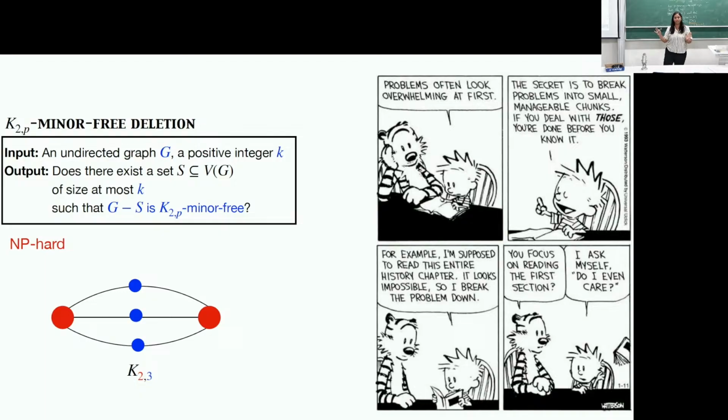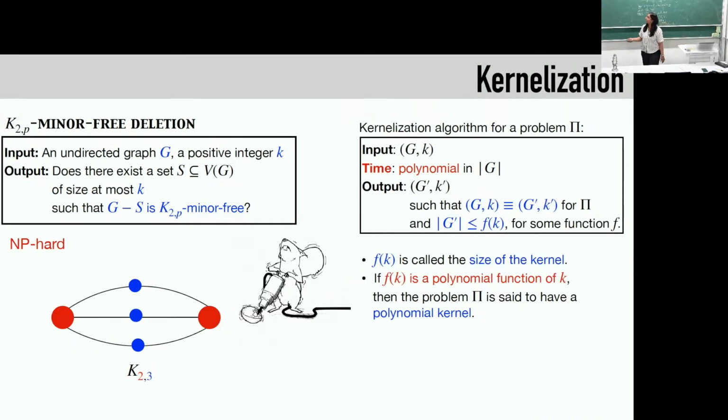So it may be different from the kind of algorithms that you would have seen. It does not necessarily solve the problem, but our goal is the following. Let's say polynomial time is all you got. Then in polynomial time, can you determine some irrelevant parts of the instance? Parts of the instance that you can provably show are not relevant in deciding what the answer to the question should be? This notion is also called pre-processing, or more formally, it's called kernelization.